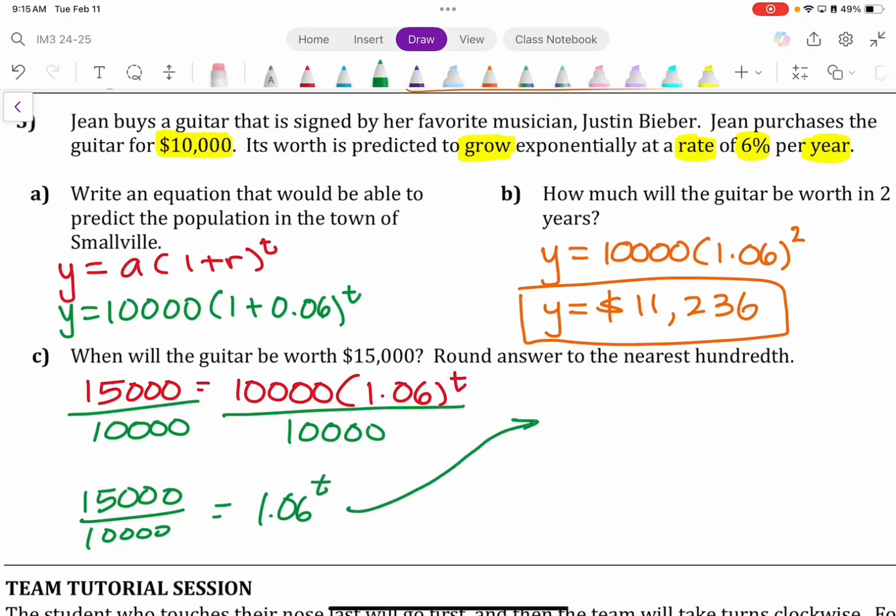What is the next step going to be? By now you've seen 3 problems, so you should know. Jaden, what is the next step? Excellent, we turn this into a logarithm. Log base 1.06 of 15,000 over 10,000.